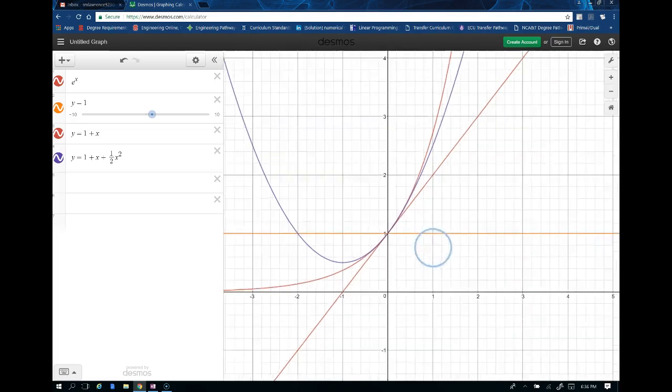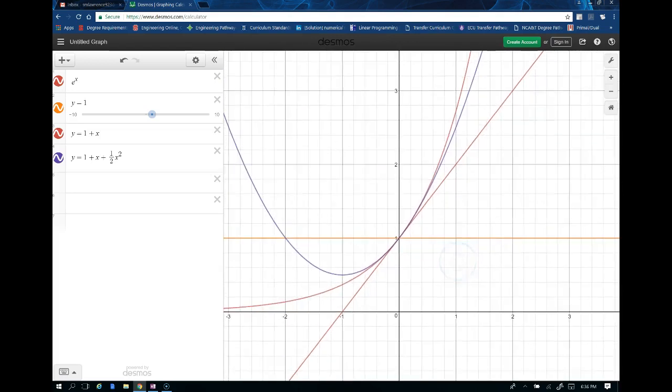And they've done that one in purple. And the purple graph follows our e to the x graph even better. Maybe not so much on the left, but certainly on the right. You can see that they stick together there for quite a ways.